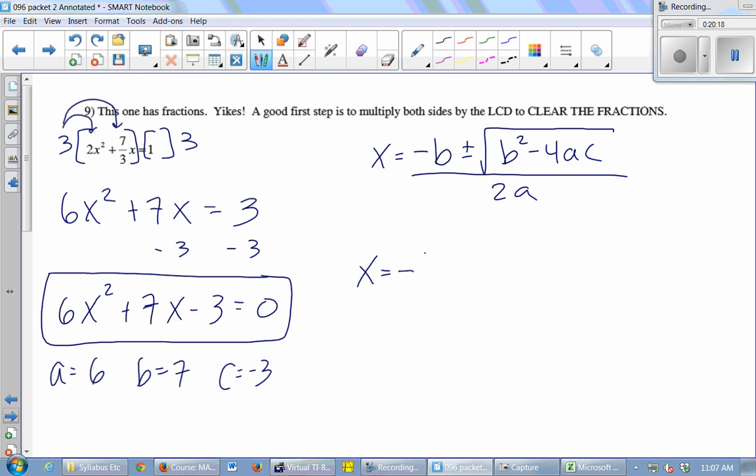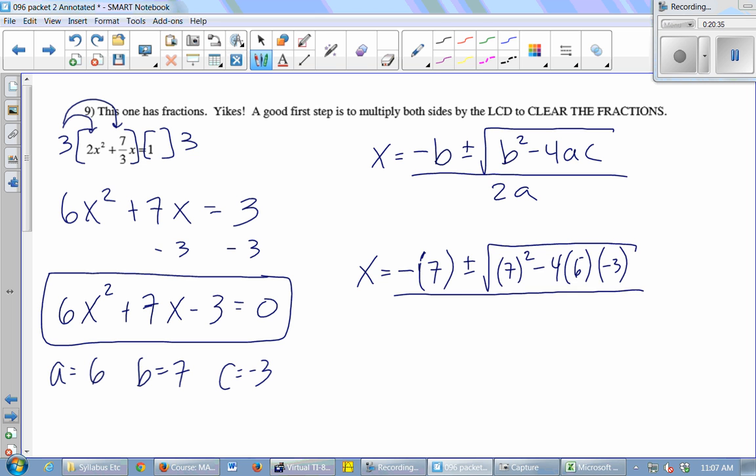So I'm going to have negative parentheses 7 plus or minus the square root of b squared. So I'm putting in a 7 for b, and I'm going to square it. Minus 4 times a, which is 6, times c, which is negative 3. All over 2 times 6.